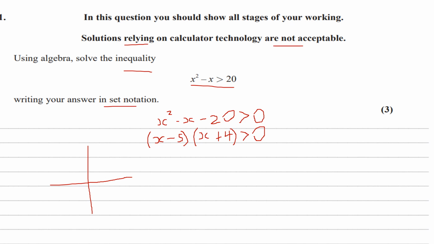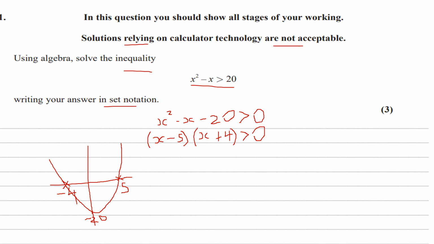Again, it's a rough sketch, so it looks something like that. It crosses at 5 and minus 4. And if you're interested, it crosses the y-axis at minus 20, because the y-axis is when x is equal to 0. If you put in x equals 0, you get minus 20 out.